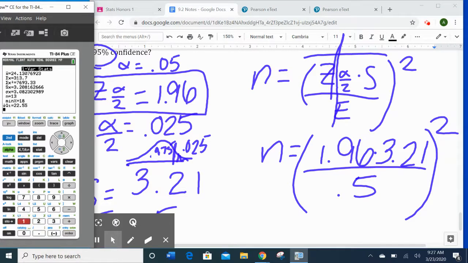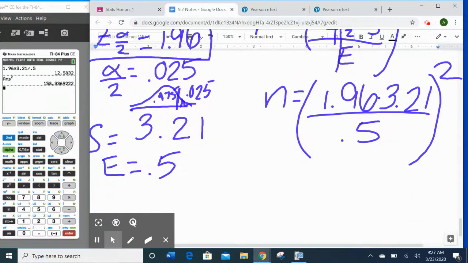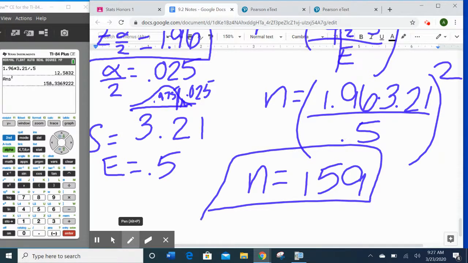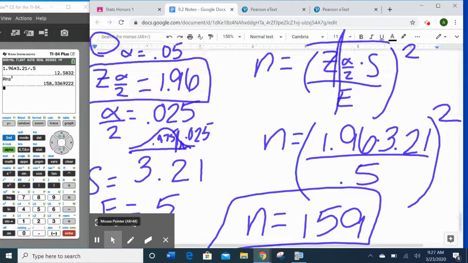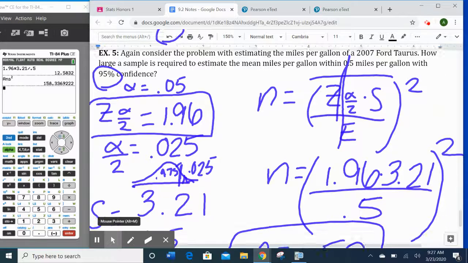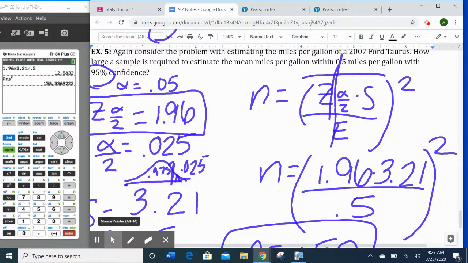When I calculate that, I get N. I have to round it up to the next integer. So even though it's only 0.3, I still round up to the next integer. So I would need 159 cars in order to estimate the mean miles per gallon within 0.5.